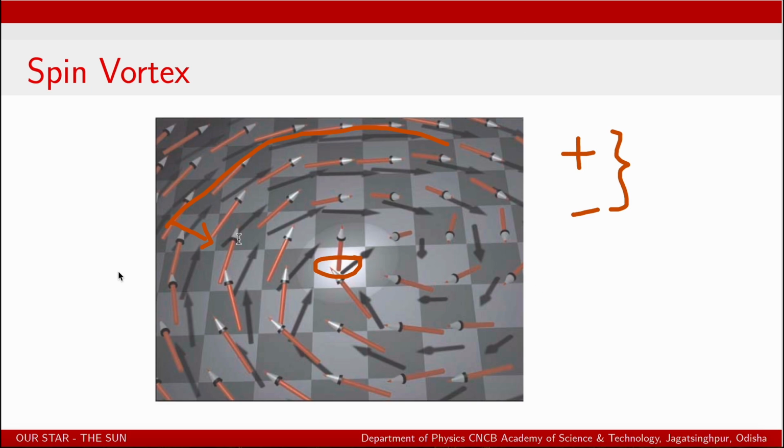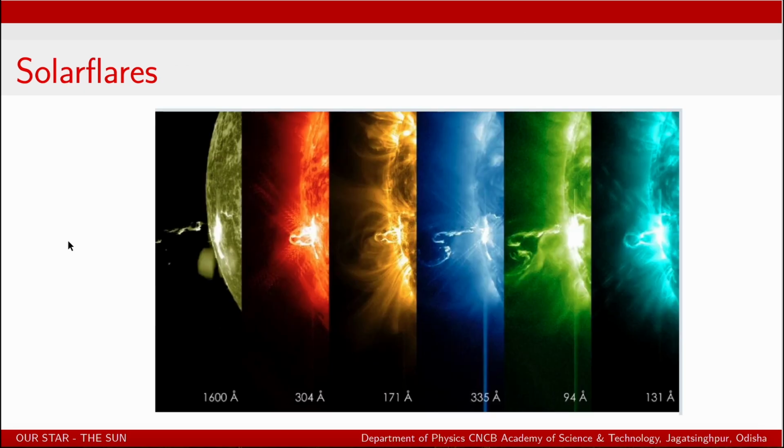Now we'll go to the next slide. So now we'll discuss solar flares. Why do we have solar flares? Remember, the magnetic field at the sunspot is very high, and we know that the magnetic energy density goes as B square.